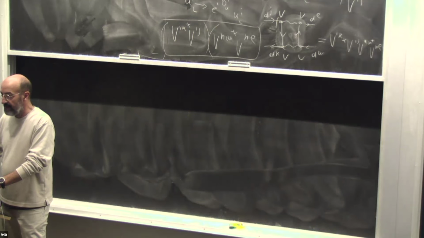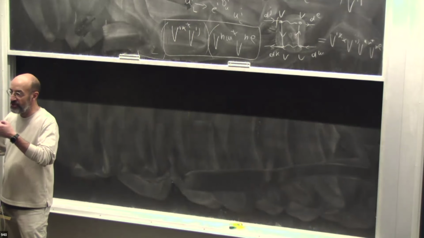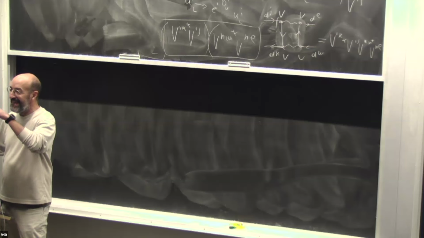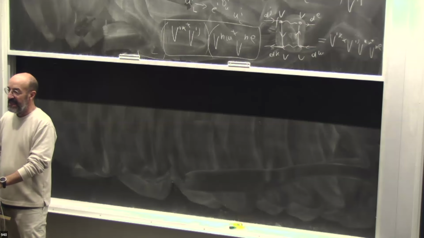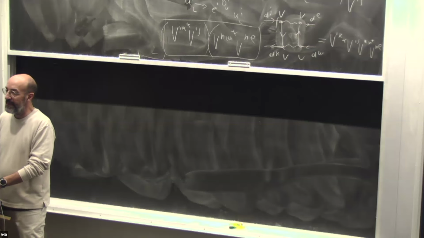I think eta prime changes, because N changes the trilinears. You're saying that you could have pi 0 and eta prime mix, and that maybe changes something.